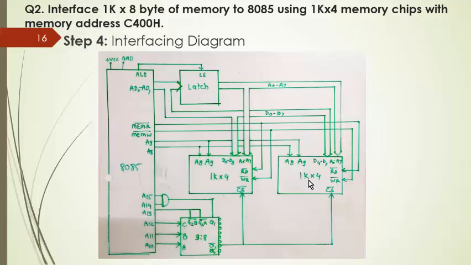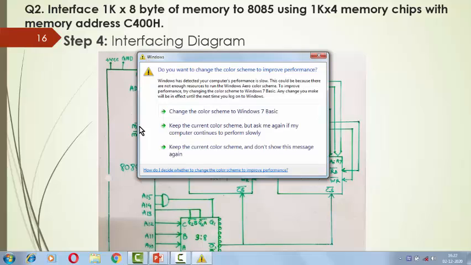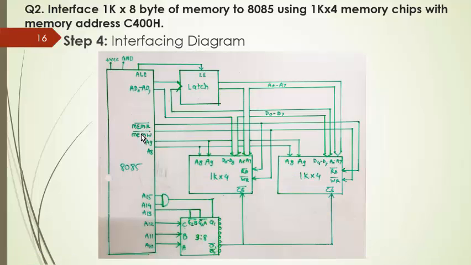So 4 signals to the first and the remaining 4 to the second memory IC. A8 and A9 are non-multiplexed address lines, so you have to connect them separately to both the ICs. So A8, A9 to the first memory IC and A8, A9 to the second memory IC.